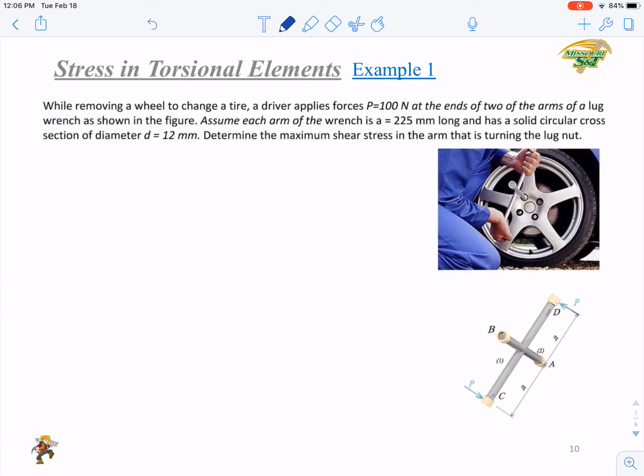As shown in this figure, while removing a wheel to change a tire, a driver applied forces 2P equals 100 Newton at the end of 2 of the arms of a lug wrench, as shown here.